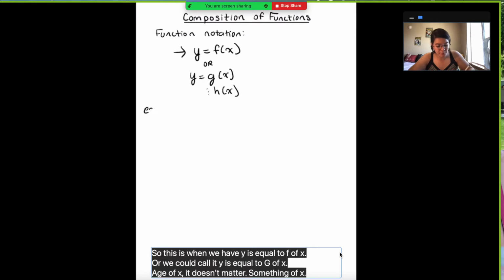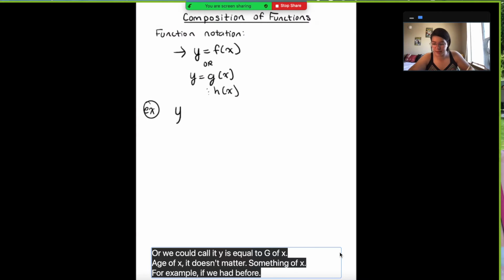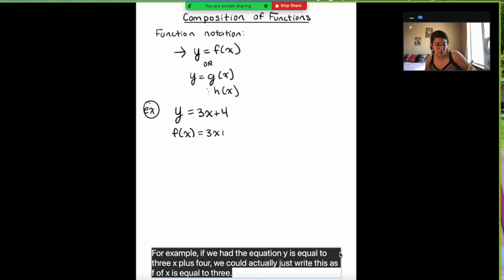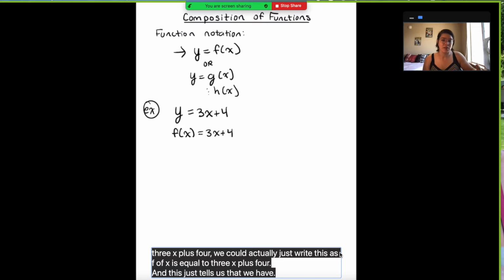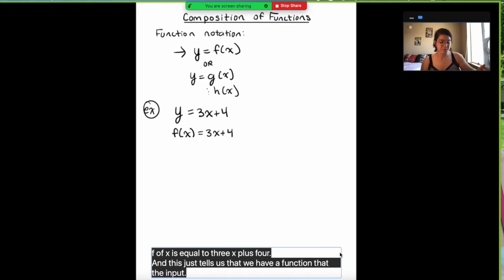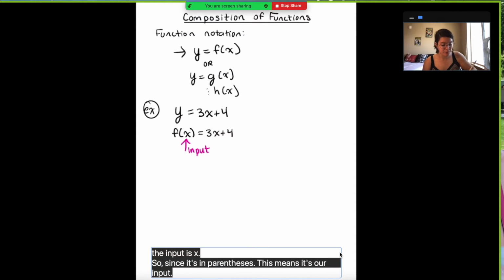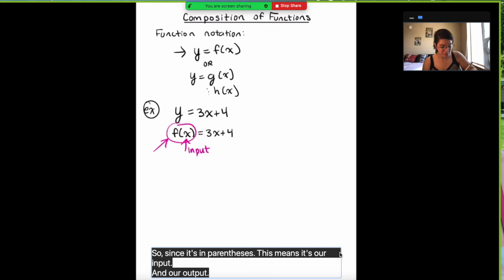For example, if we had the equation y is equal to 3x plus 4, we could just write this as f of x is equal to 3x plus 4. And this just tells us that we have a function where the input is x. Since it's in parentheses, this means it's our input. And our output will be f of x.